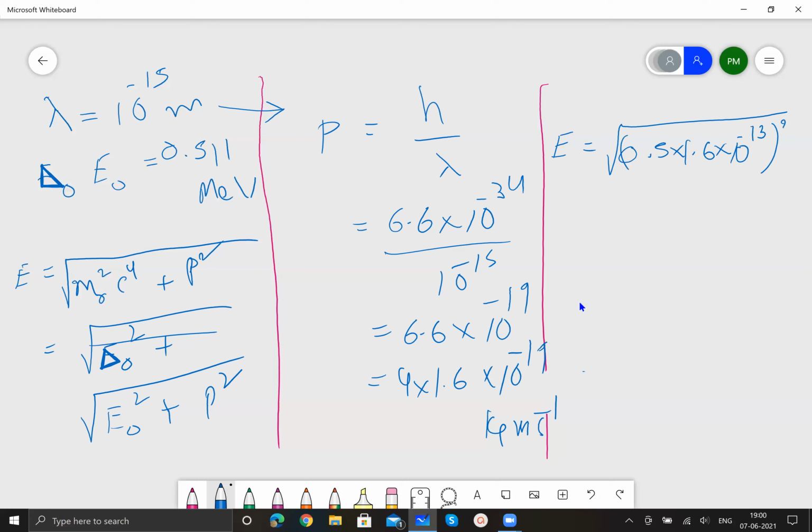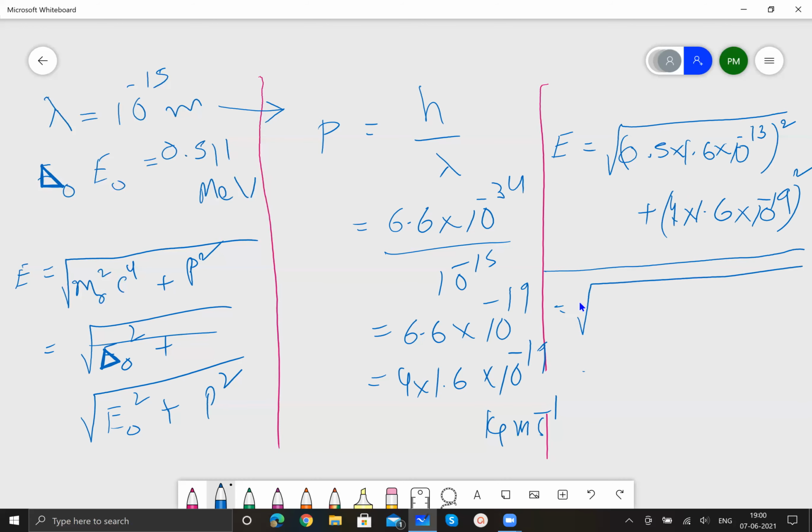So you should convert that into joules, plus 4 into 1.6 into 10 to the power of minus 19 whole square. This is one easy method of simplification.